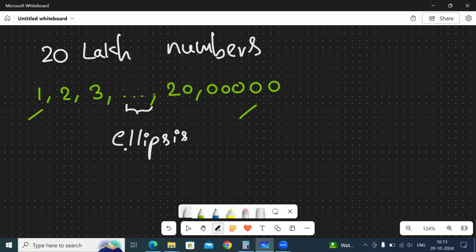We can also pronounce it as 'and so on'. If you want me to read this particular series, I would read it as 1, comma 2, comma 3, comma, and so on, 20 lakh. Or I can also read it as 1, 2, 3, ellipsis, 20 lakh. Either way is fine.